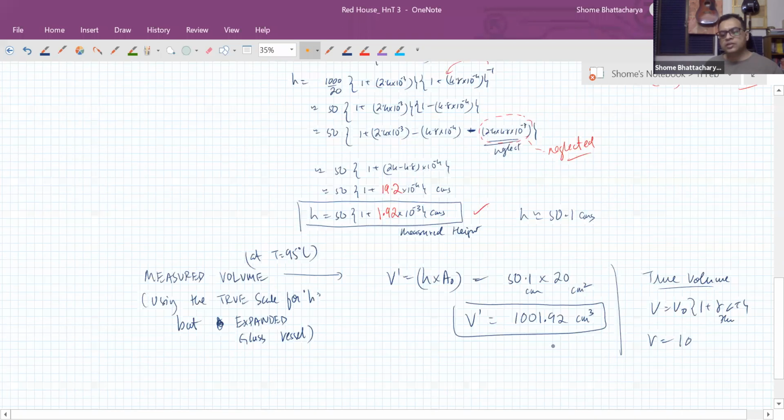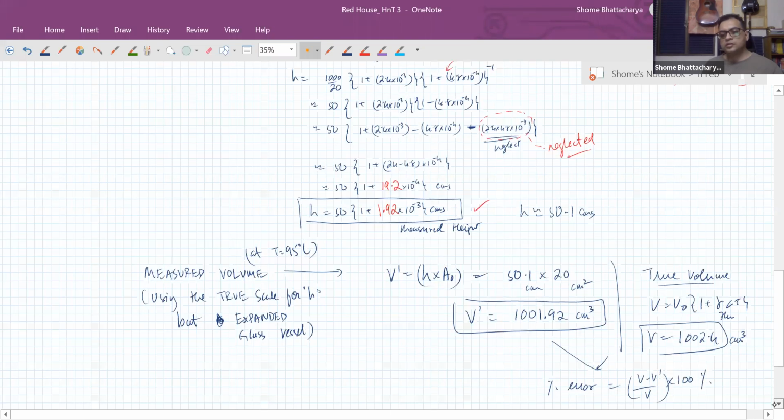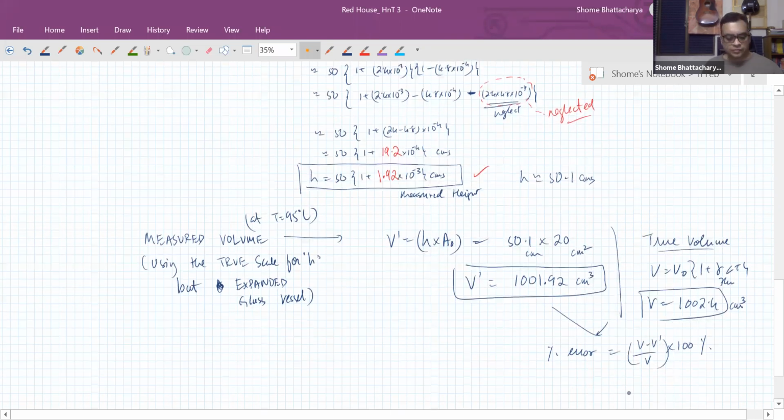Okay, so you can see that the percentage error will be low percentage. Now, even this percentage error can be done in a shorter way.